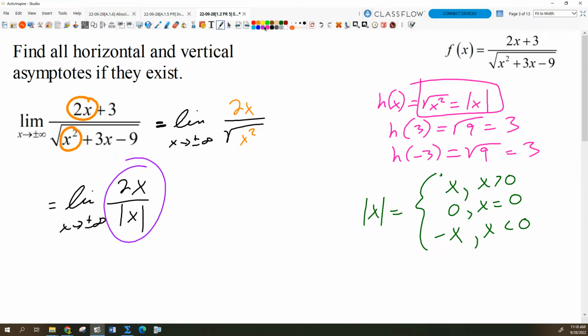When x is greater than 0, the absolute value of x on the bottom is just going to be an x. But when x is less than 0, the absolute value of x on the bottom is replaced with a negative x.